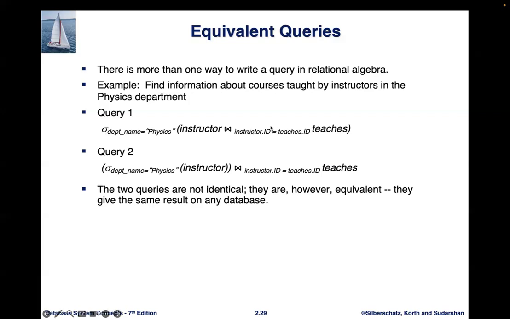So this gives me a huge list of instructors and teachers, and then from there, we only select the subset of the physics department. Or what we can do is select the instructors who are from the physics department, and now, from those instructors, do a join operation with the teachers. So we only get the physics department's teachers' courses. So these are done differently, but the results are the same. These two are not identical. They are, however, equivalent. They give the same result on any database.